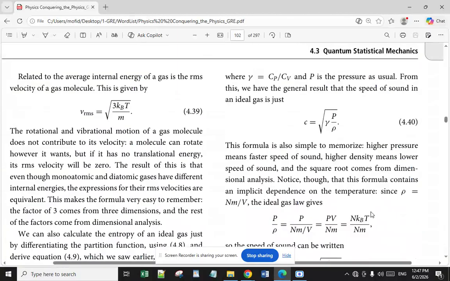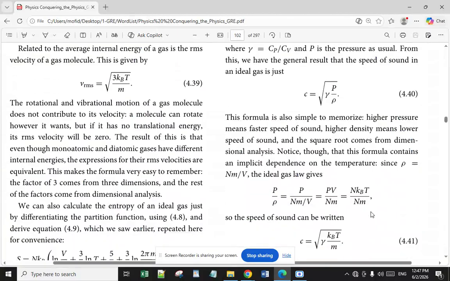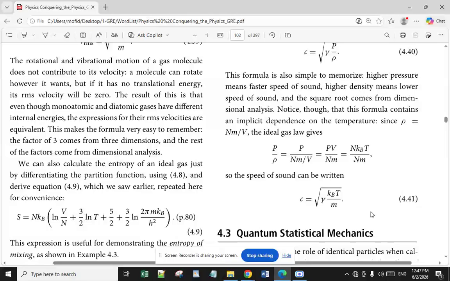The result of this is that monatomic and diatomic gases have different internal energies, but the expressions for their RMS velocities are equivalent. This makes the formula very easy to remember. The factor of 3 comes from the 3 dimensions, and the rest of the factors come from dimensional analysis.